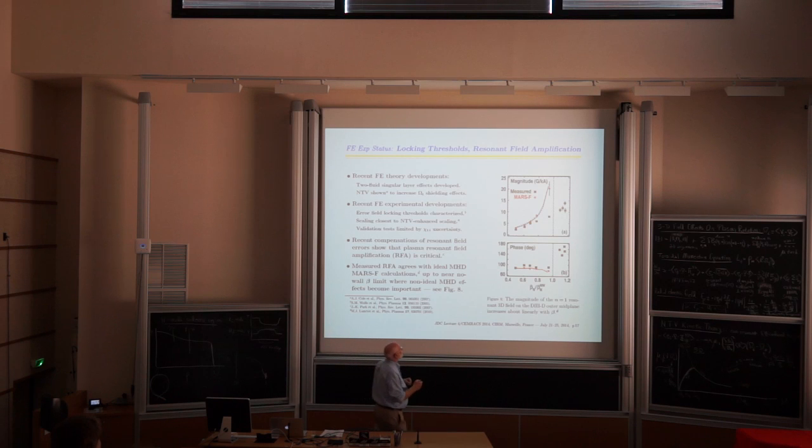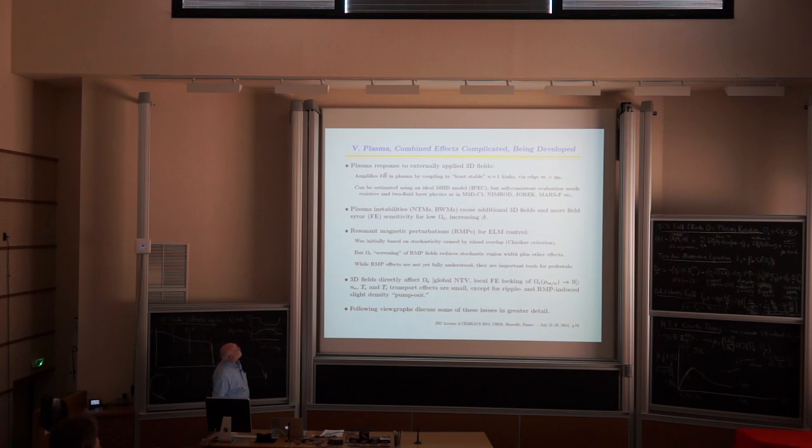MARS-F is a 1-fluid resistive MHD code as opposed to 2-fluid with kinetic effects, but anyway. Okay, so now, up until now, in this 3D effects discussion today, I've been talking about we apply an external field, or we have field ripple, which is externally imposed.